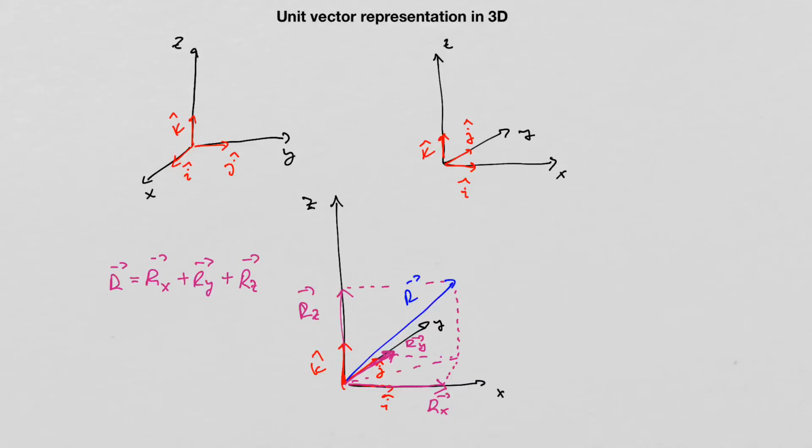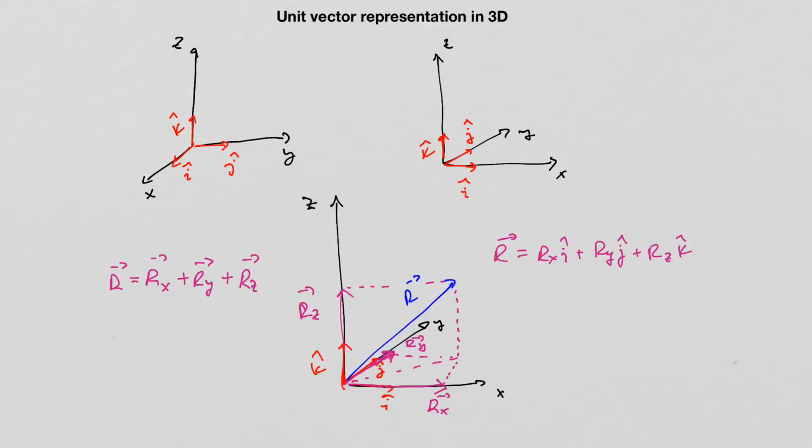And in unit vector form, it can be written as Rx i-hat plus Ry j-hat plus Rz k-hat. Again, when we do calculations such as addition, subtraction, multiplication of vectors, we always go in unit vector notation and work with the components of the vector.